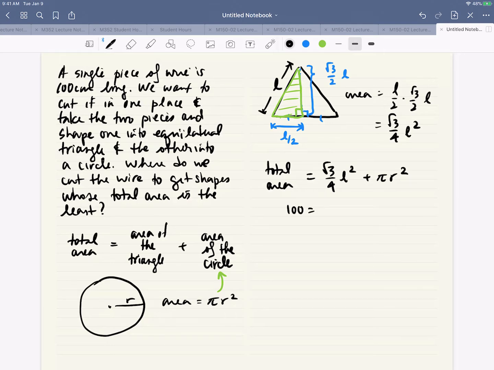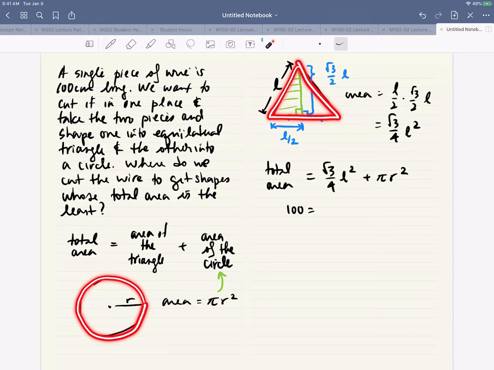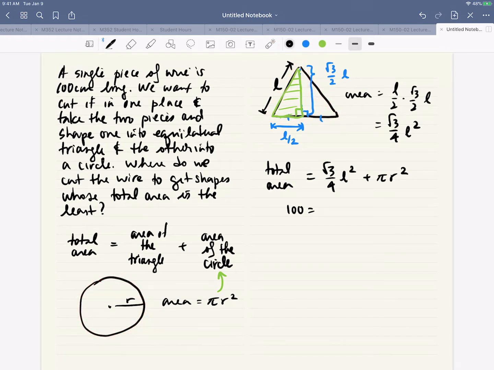Because we're working with a wire that's 100 centimeters long, that 100 centimeters needs to give me the perimeter of my circle and the perimeter of my triangle. Now the perimeter of my circle, I know that's its circumference. And so the circle has radius r, the circumference is 2 pi r.